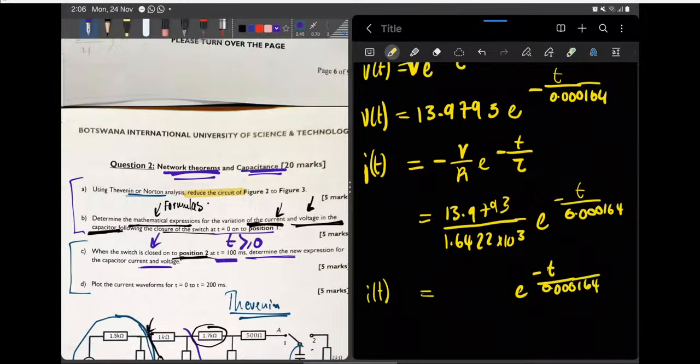So anyway, you are going to get a solution, and you'll have I as a function of time. This is how you're going to do it. You get VT, then you can have IT.